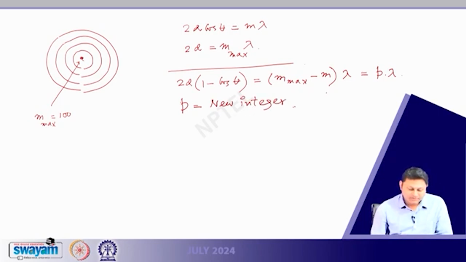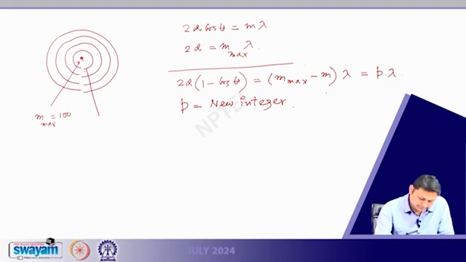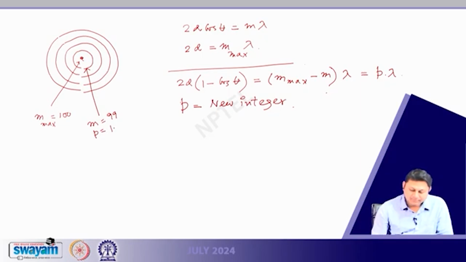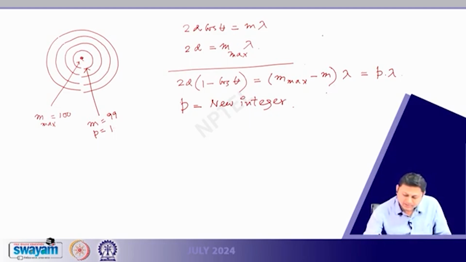Now if we go back to this picture, suppose I have the central one, where the value of m max is 100. If I go to the next one, my m value will be 99, where I have a p value of 1. In this equation you can see that m max will be m plus p.